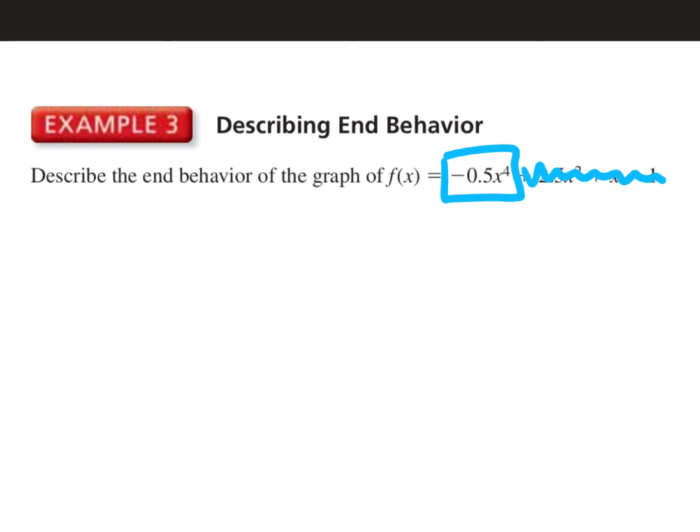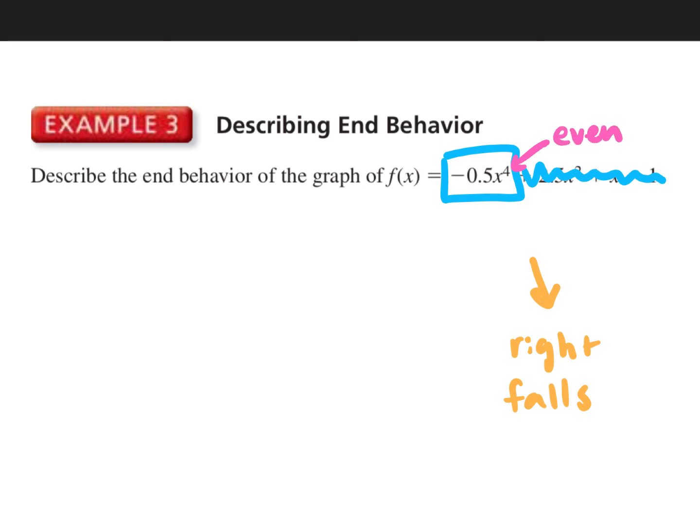Is my leading coefficient positive or negative? Negative. So what does that tell me about the right arrow? It falls. So it goes down. So the right one falls. And then looking at the degree, is my degree even or odd? Even.